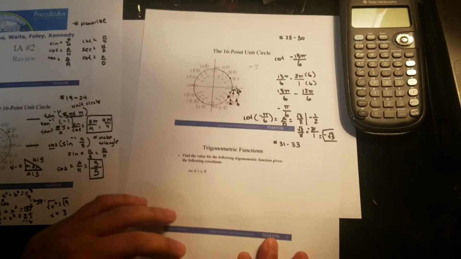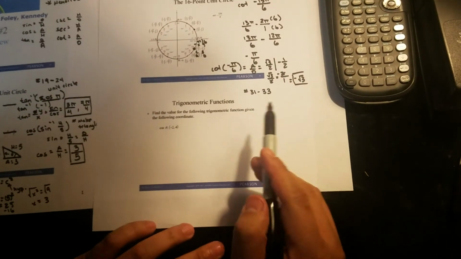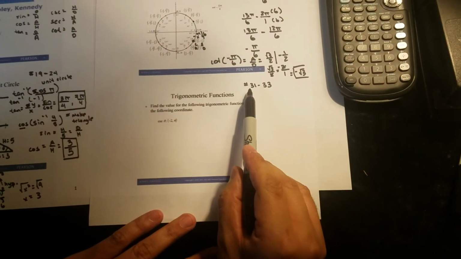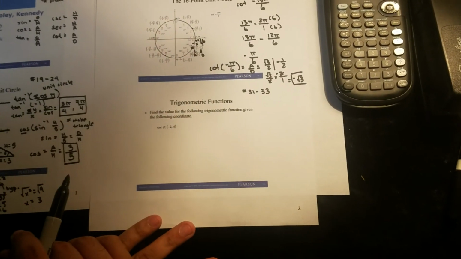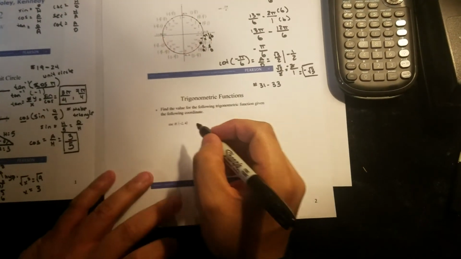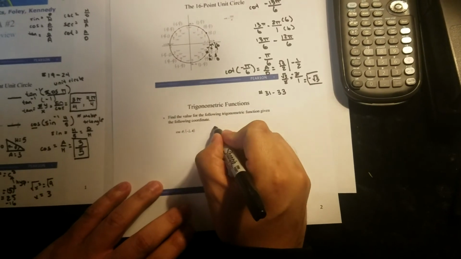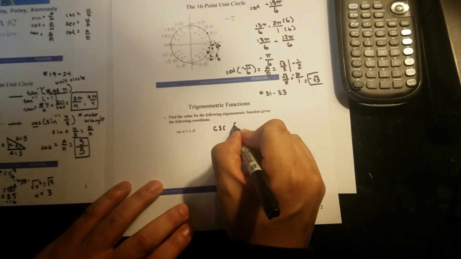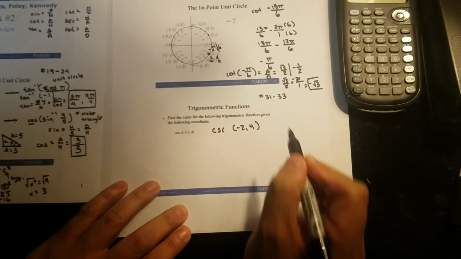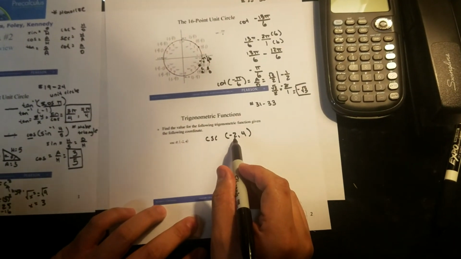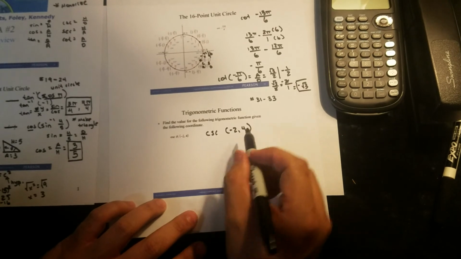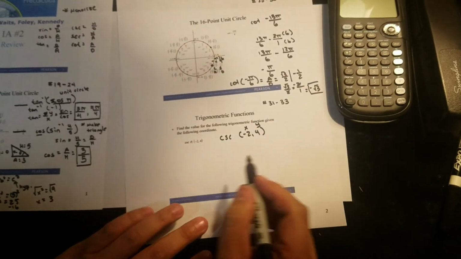Okay. Now, the last problem we're going to go over, this one's not too hard, guys. Number 31 through 33. You have questions that look like this. This is saying cosecant of negative 2, 4. Okay, so they gave me a point here. So here I want to draw a triangle. This is the x, this is the y.